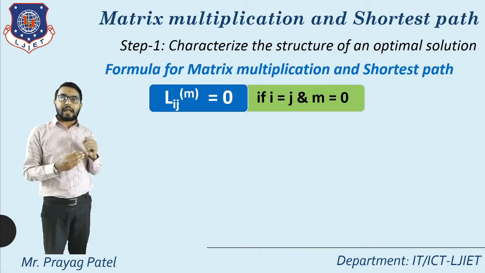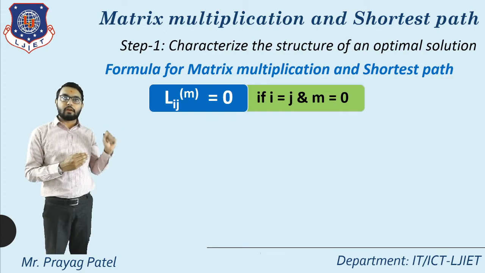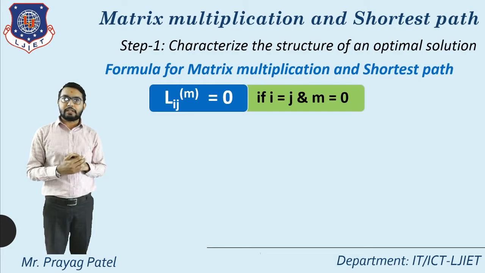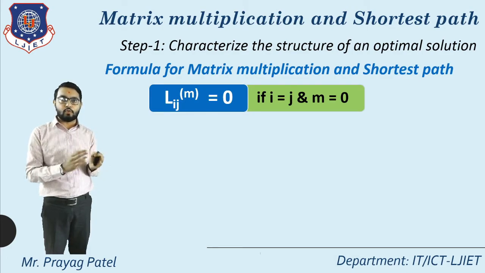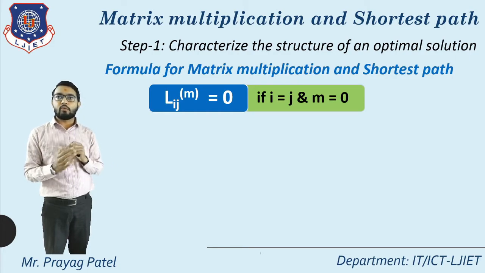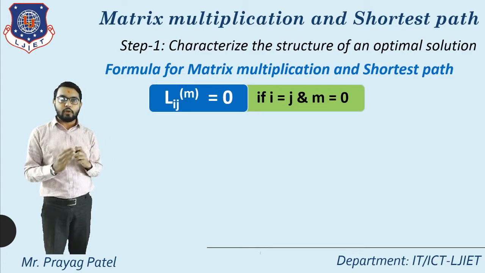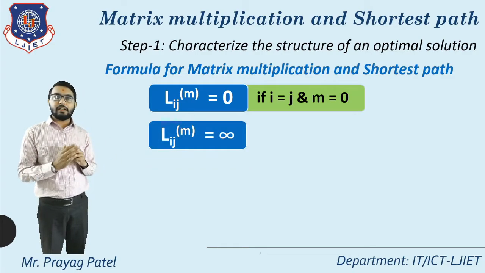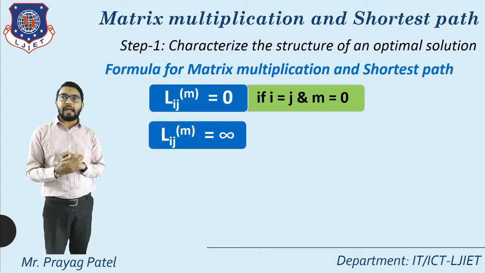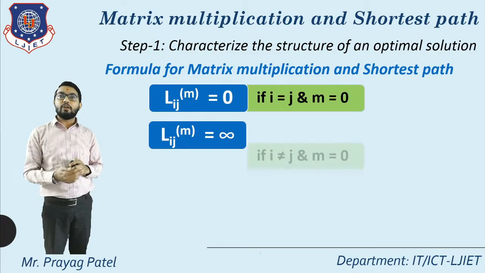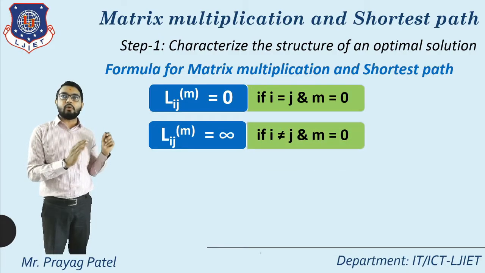So here consider L of i j m equal to 0 if i equal to j and m equal to 0. It means here consider distance from 1 to 1, distance from 2 to 2, distance from 3 to 3 because i equal to j. And consider the table as the 0 table because m equal to 0. Then put the value equal to 0. Now consider another formula: L of i j m equal to infinity if i not equal to j and m equal to 0.